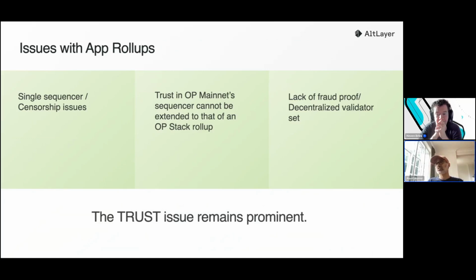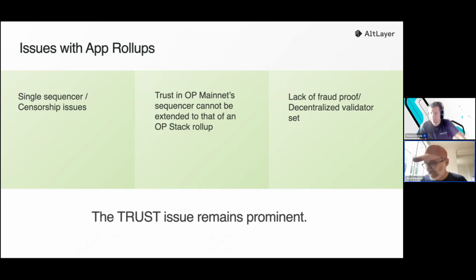For example, if the sequencer goes down, you may not be able to transact directly on that rollup. It's also possible that a sequencer may become malicious and start to censor transactions because it may not like, say, a transaction that goes to a certain dApp on that rollup. So there could be censorship issues if you have a single sequencer operating your rollup.